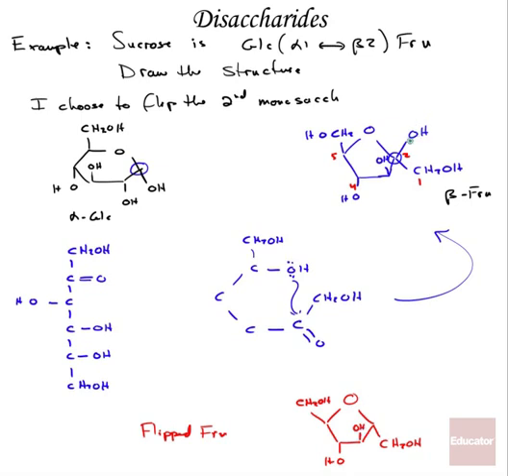This OH is up over here on the right. It's going to flip around this way, so it's going to end up being down here. So it almost looks the same, except the carbons are numbered differently now. So now we have our number 1 carbon, number 2, number 3, number 4, number 5, and number 6.